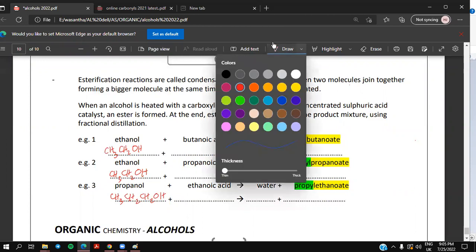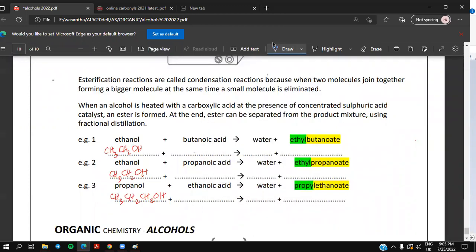Let's go to the carboxylic acid part now. Butanoic acid. Butanoic acid means there are 4 carbon atoms. First, I will write CH3 here, CH2. Likewise, there should be 2 CH2 groups. So I write CH2 2 times, and COOH. Butanoic acid.